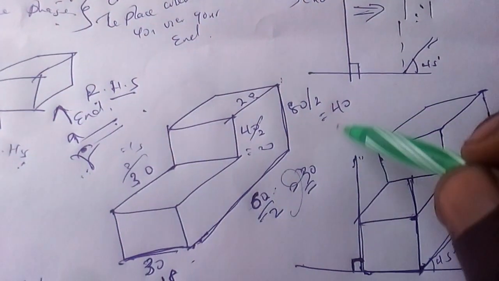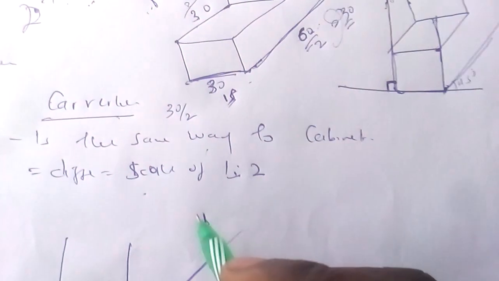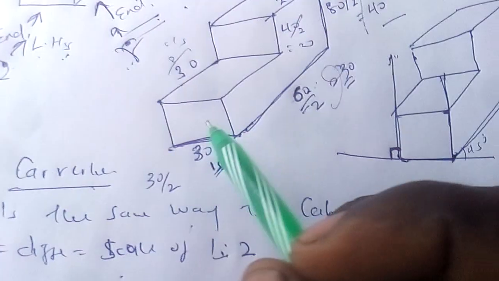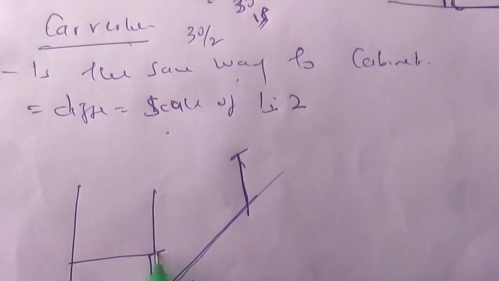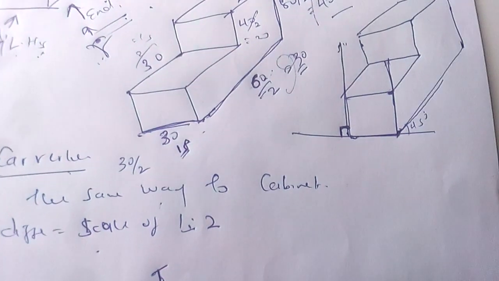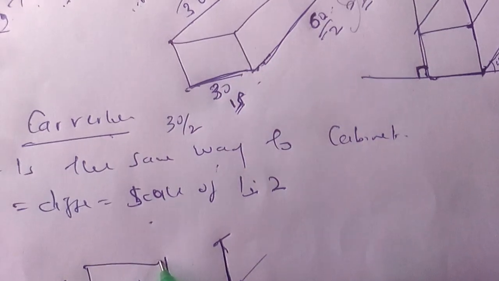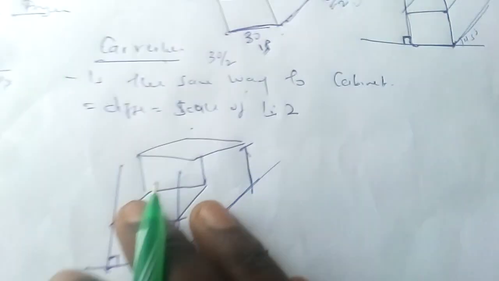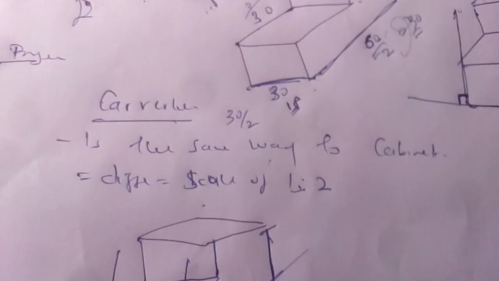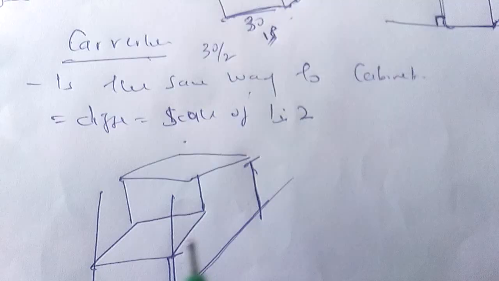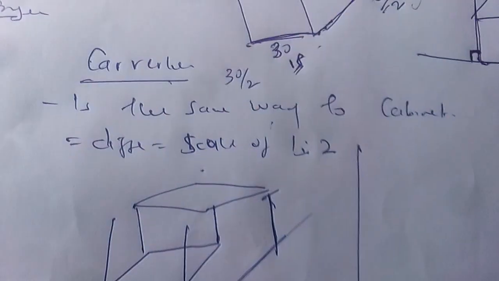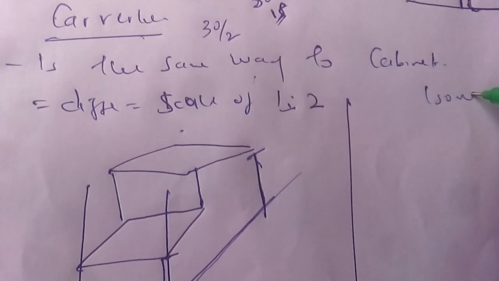Then instead of going up 80, we go 40 because the scale we use is 1 to 2. Come this side, here was 40, then you go down 20, you join. Then you go this 15, then this side 15, join, then 20. Then complete your block. This is how your block will appear under Cavalier pictorial projection.